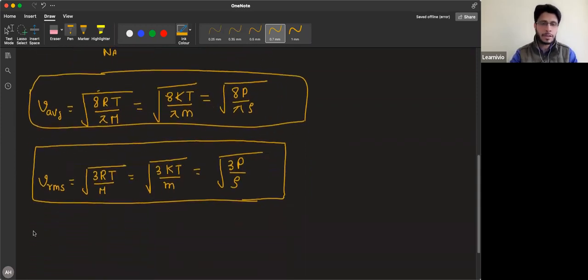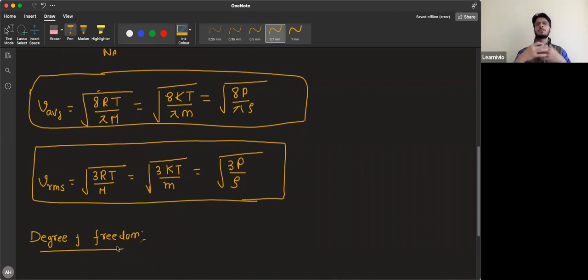The next is degree of freedom. In a very general sense, degree of freedom means number of independent coordinates. But here in kinetic theory of gases, we use degree of freedom in a very particular context, and that is degree of freedom means the number of ways in which your system can have kinetic energy.